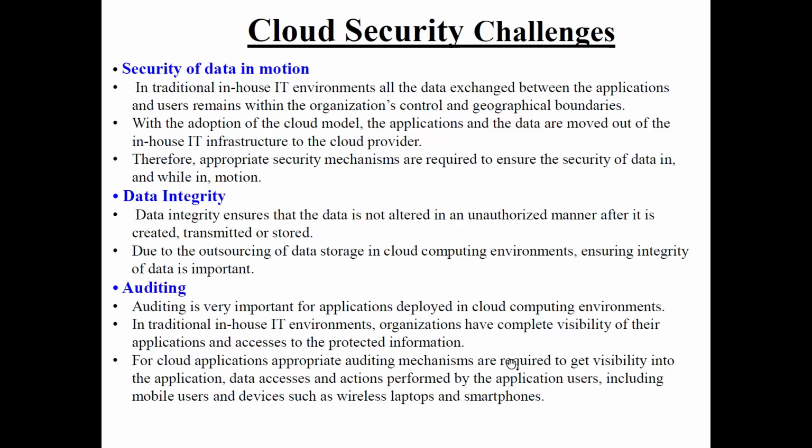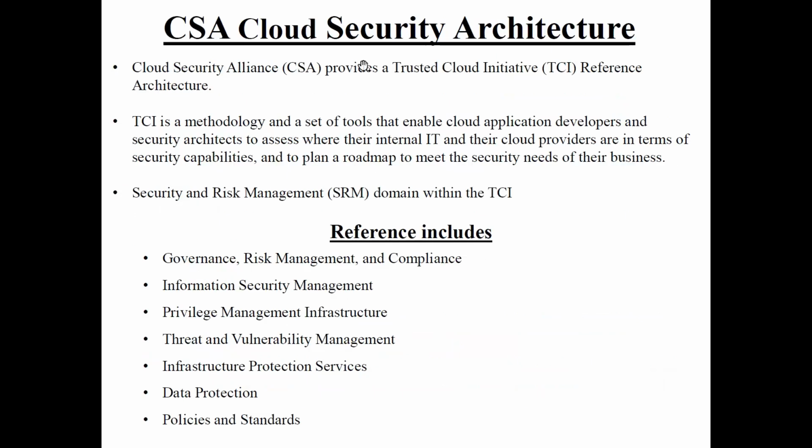But before that, let us look at the CSA Cloud Security Architecture. CSA is the Cloud Security Alliance. It provides a Trusted Cloud Initiative reference architecture, called the TCI reference architecture. TCI is a methodology and a set of tools that enable cloud application developers and security architects to assess whether their internal IT and their cloud providers are secure in terms of security capability, and to plan a roadmap to meet the security needs of their business.